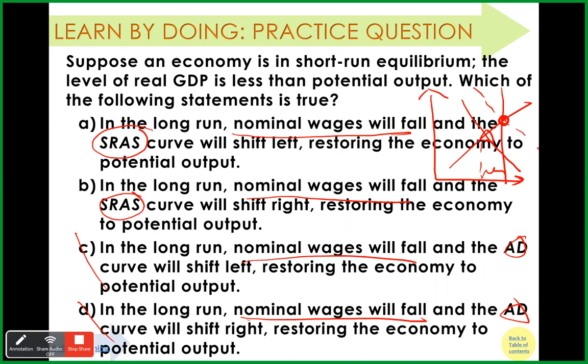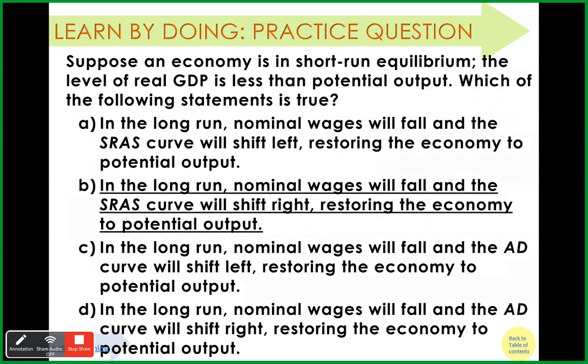Hence the only answer is A. Oh yeah, sorry, shift to the right. Thank you. I would recommend you draw a diagram, which facilitates your analysis. So B is correct.